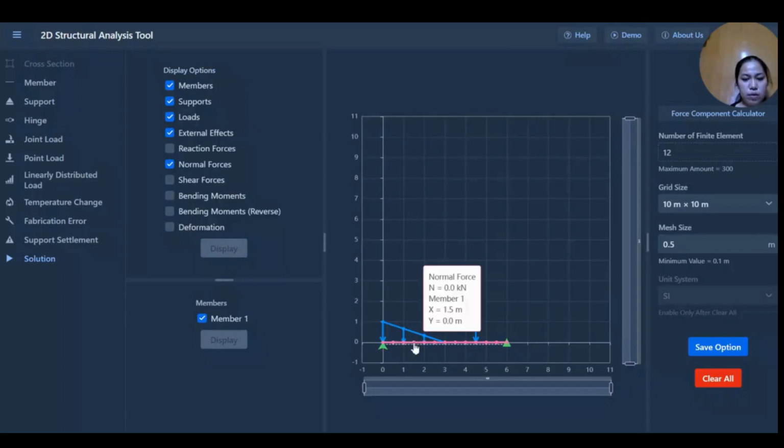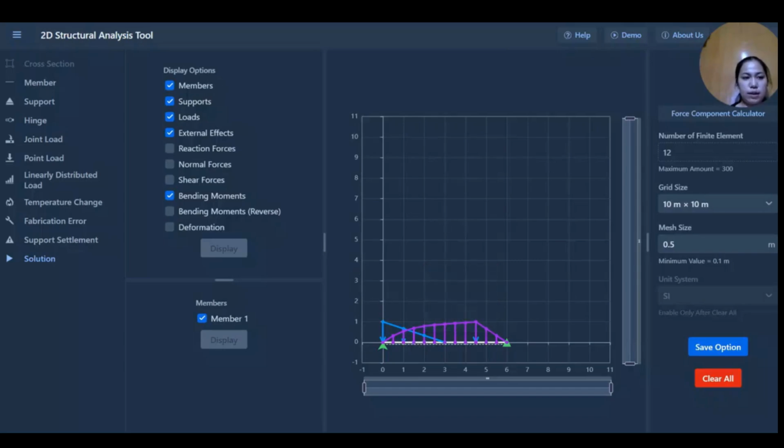Here is our point C. The normal force is 0, and the shear force is equal to 3.25. And then the bending moment. Click display. The bending moment is equal to 9.375. So now we have the answer at point C.